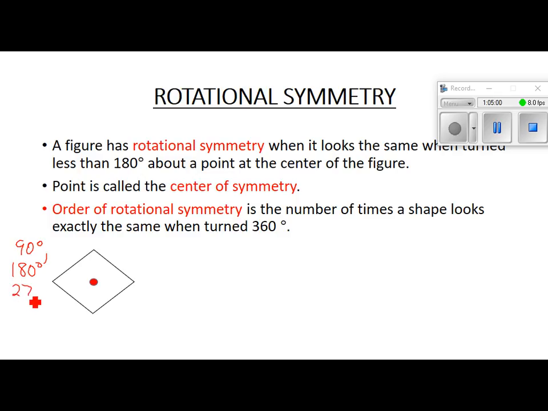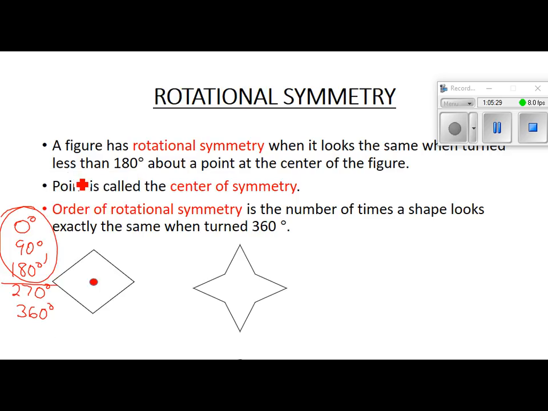And where did it look the same again? 360. Now this book, they don't want you to go past 180. But if you don't do that, then you've got to remember, does it look the same now as when I started? So instead of 360 degrees, that would be at 0 degrees. I would probably accept all those answers because they just want you to go halfway.